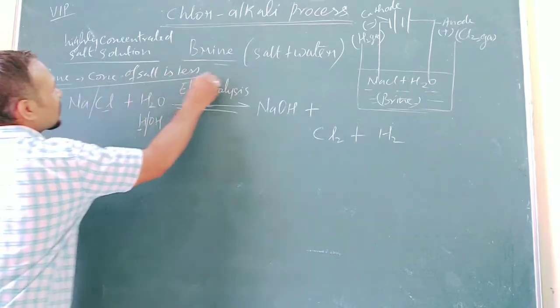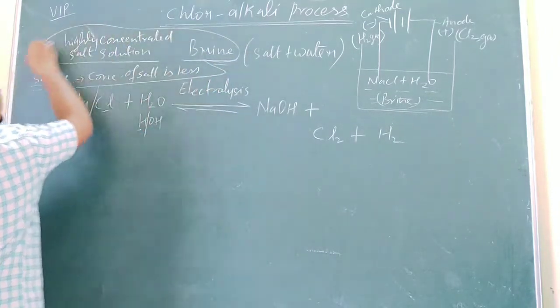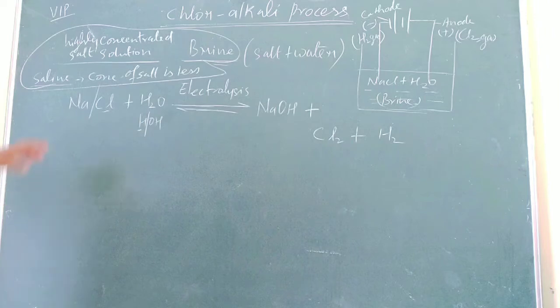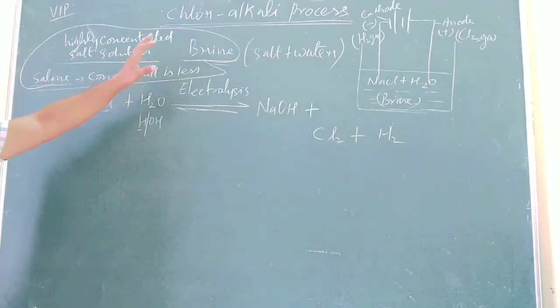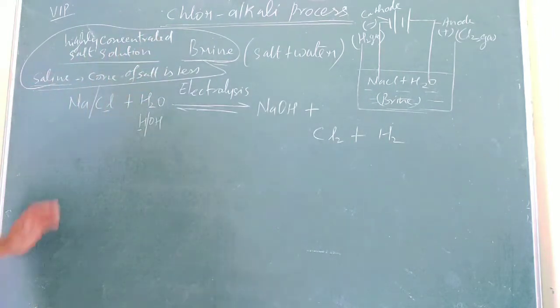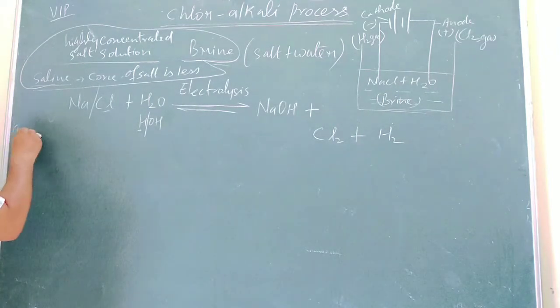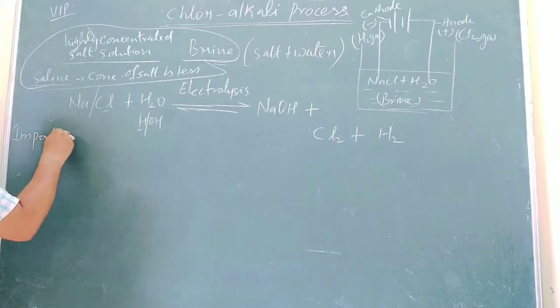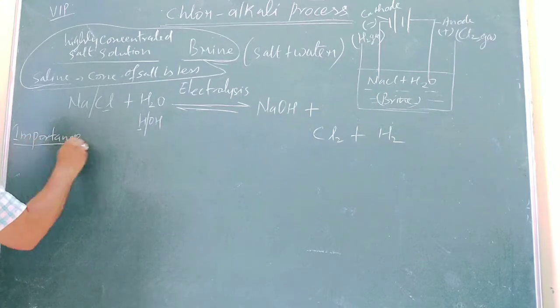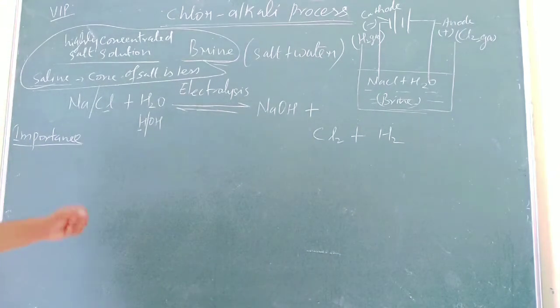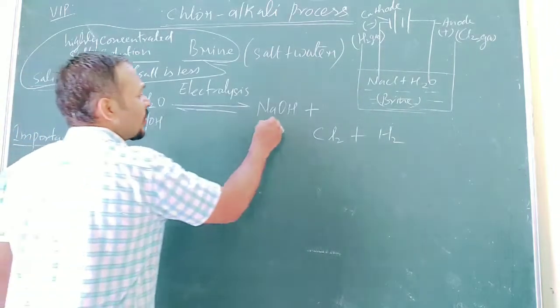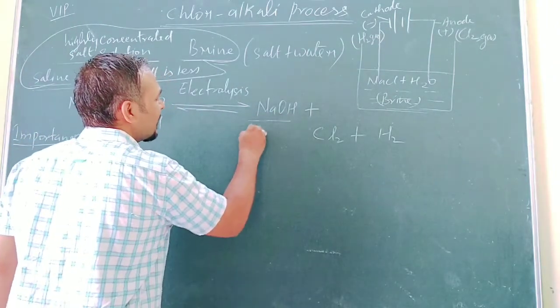This is just for your knowledge. In brine solution, the concentration of salt is more. Now, what is the importance of this reaction? And before we study the importance, here we have to see what is formed. This is what? This is alkali.